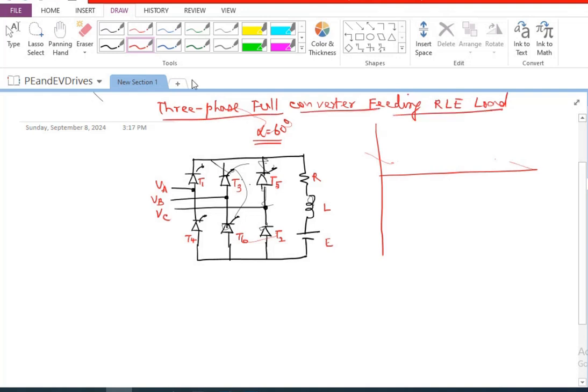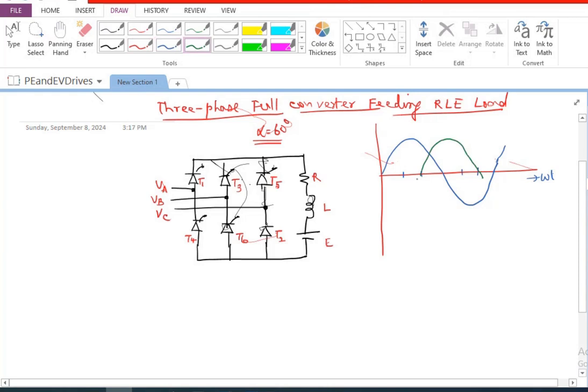That's what we are trying to show. So I'm going to have one phase voltage somewhat like this. This is omega t. And let me show this as the 60-degree interval. So the second phase is going to come up like this. So this is the second phase. And let me show the third phase somewhat like this.